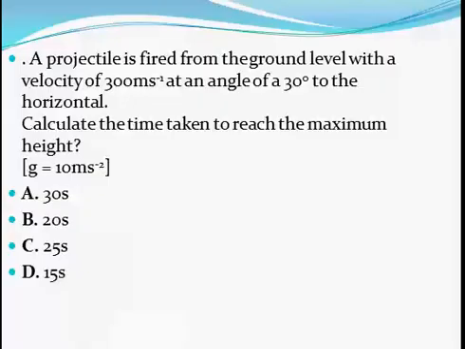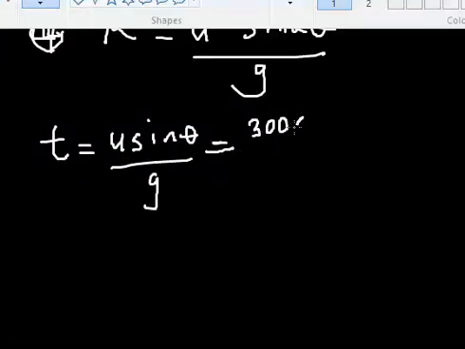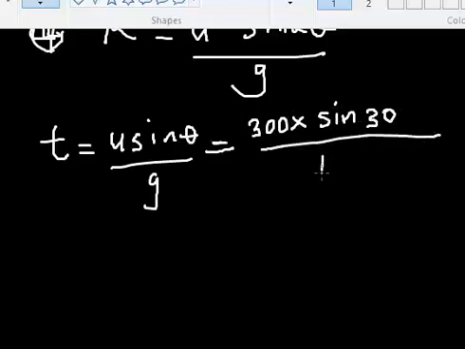So this is going to be equal to u, which is 300, then sine theta, then divided by 10.